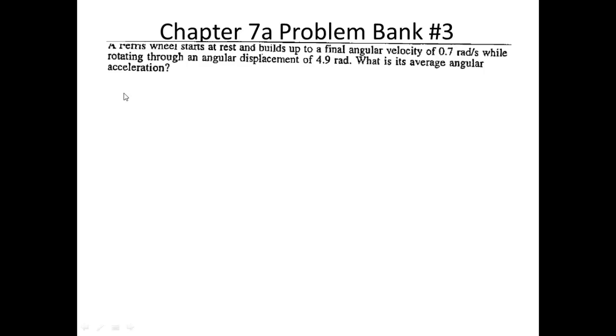Number 3: a Ferris wheel starts at rest and builds up a final angular velocity of 0.7 radians per second while rotating through an angular displacement of 0.49 radians. What is its average angular acceleration?